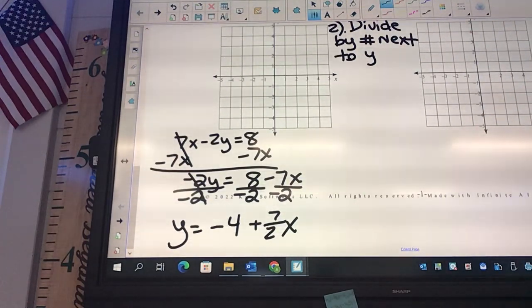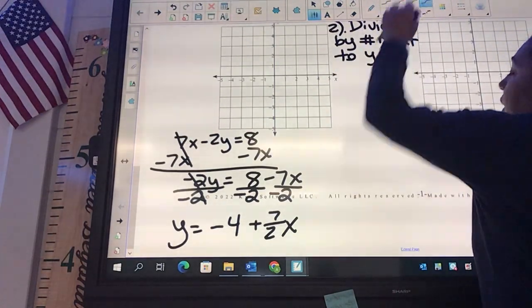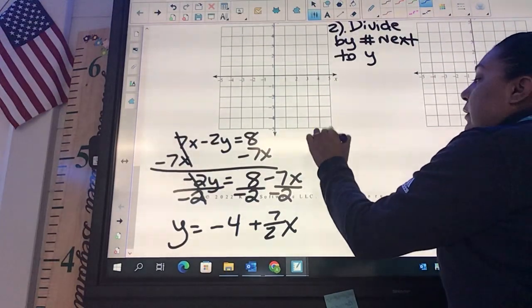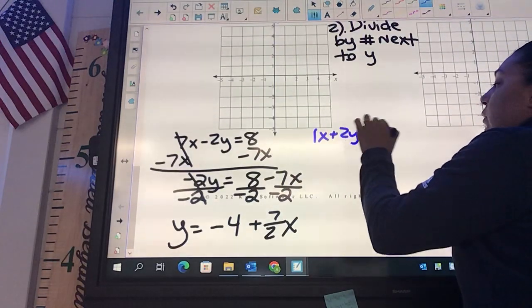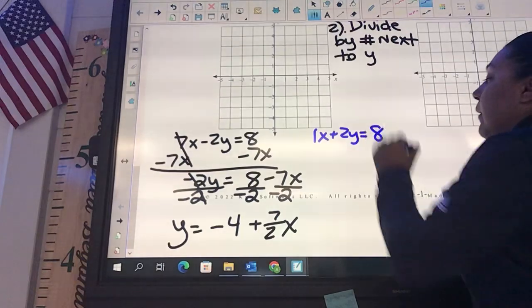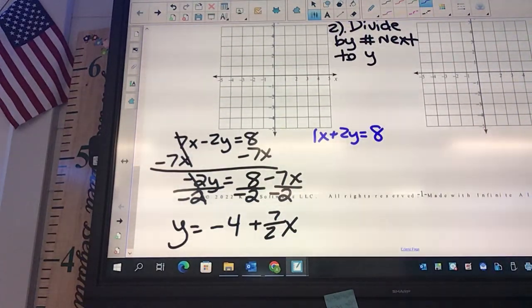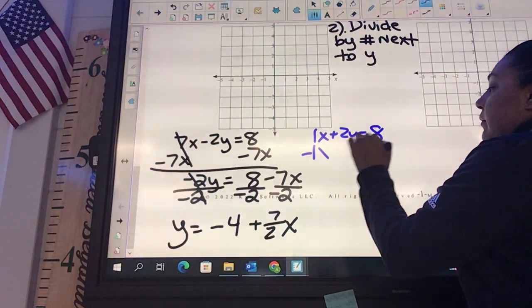Okay? And so now that we did this first one, I like to just solve the second one and then graph them. So you got 1x plus 2y equals 8. Okay, we say minus 1x, minus 1x.